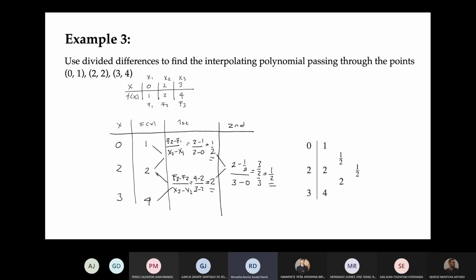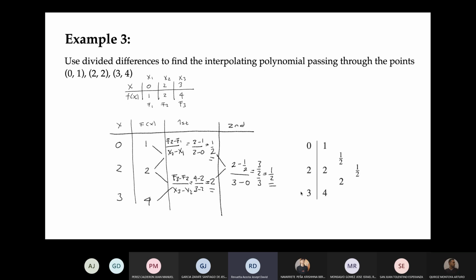And then the intersection with this one, you will have that this is equal to f3 minus f2 divided by x3 minus x2, and this is 4 minus 2 is equal to 2, and in this case 3 minus 2 is equal to 1, and I have 2. So this is the first degree. Okay, and we see that this is what I have here: 0, 2, 3, 1, 2, 4, and then 1/2 and 2.